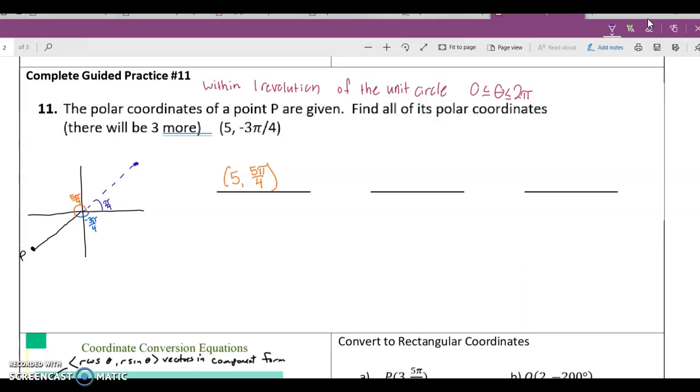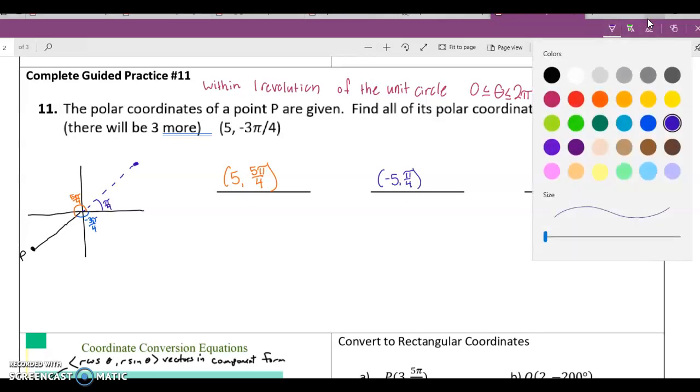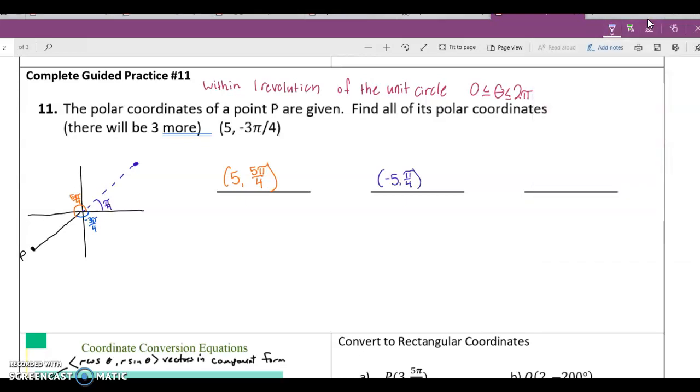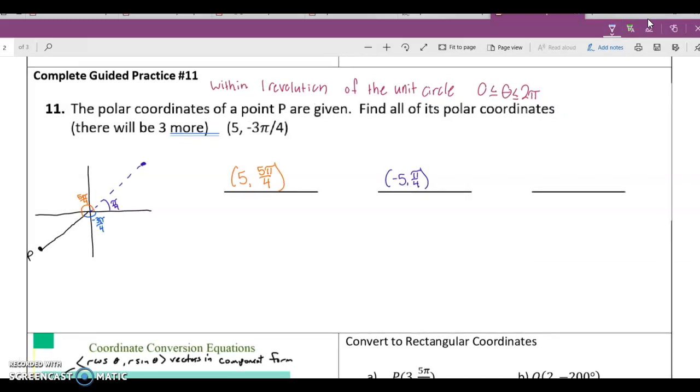We're going to be going off of this angle right here, down to P. So another way to represent that point would be -5, comma, pi over 4.